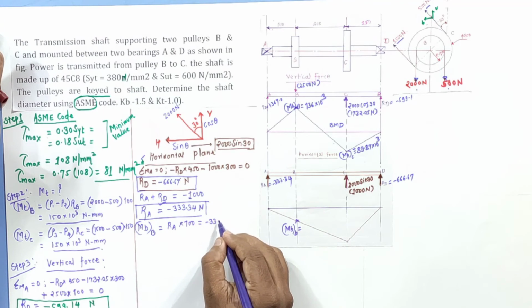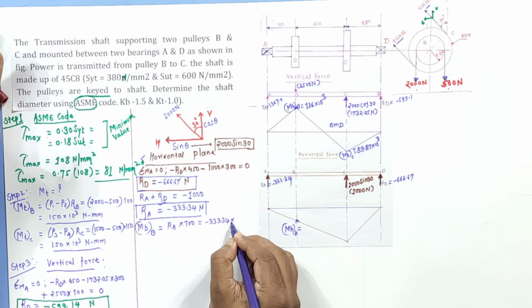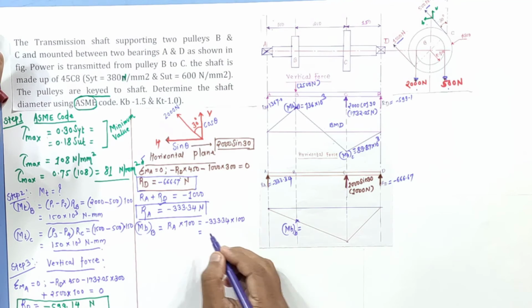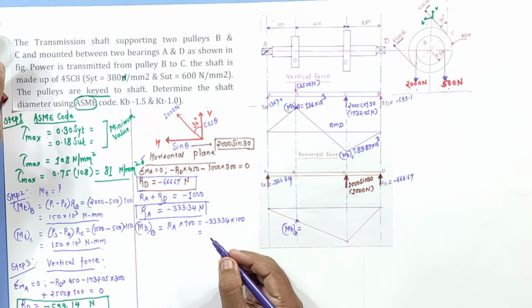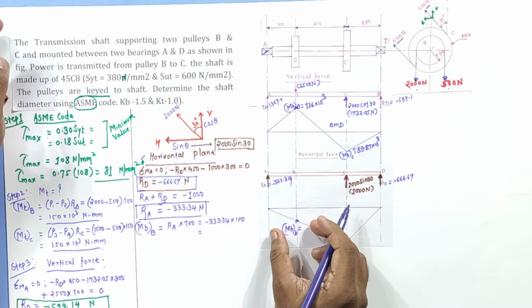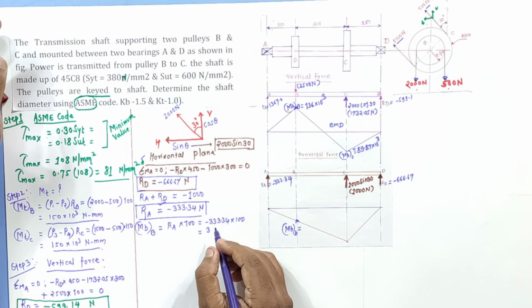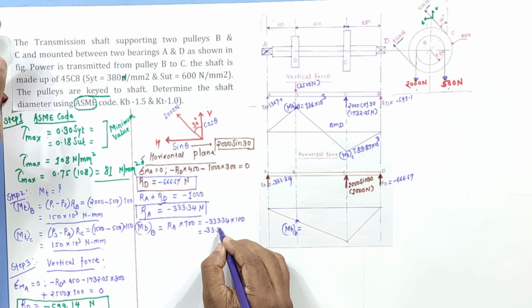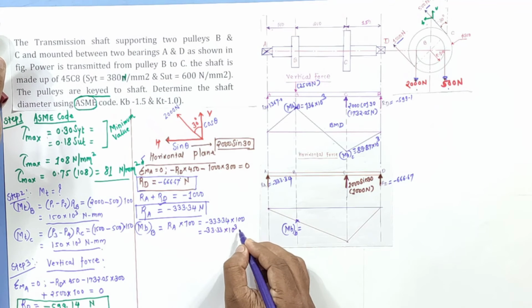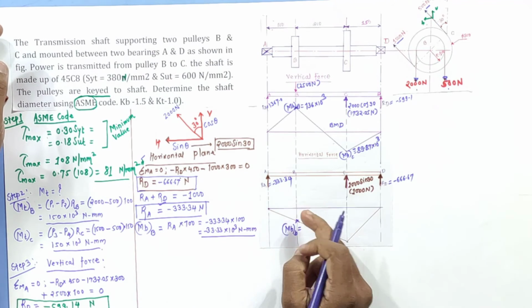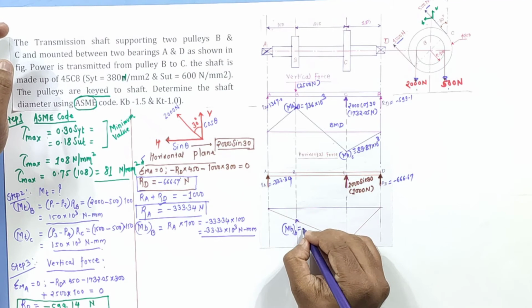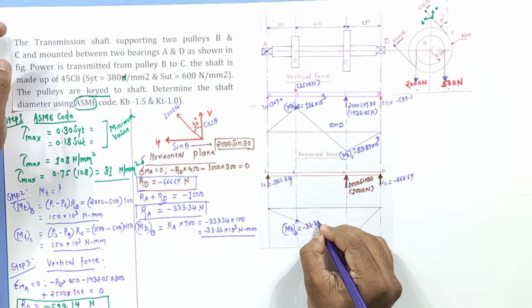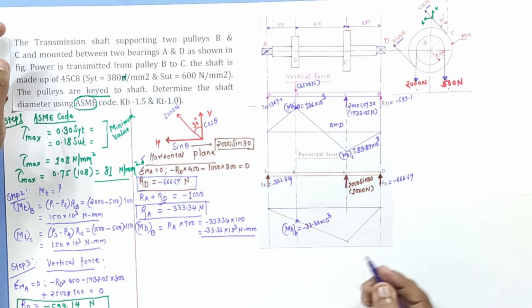Minus 333.34 into 100. So we'll get the value of the bending moment at this point, that is minus 33.33 into 10 raised to 3 Newton mm. This will be the bending moment at this point. I'll write minus 33.33 into 10 raised to 3.